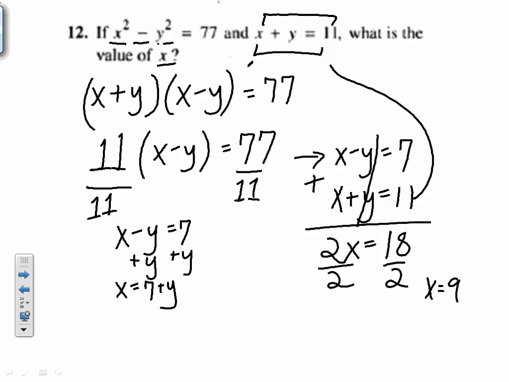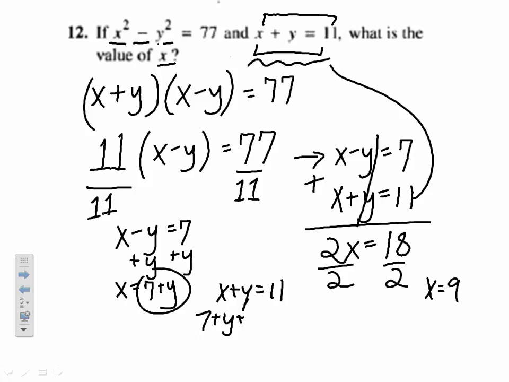So you'd plug it into x plus y equals 11. You're plugging this in as x so that everything in that equation is in terms of y. So x plus y equals 11, you'd replace x with 7 plus y, bring down the y, equals 11. So then you have 7 plus 2y equals 11.